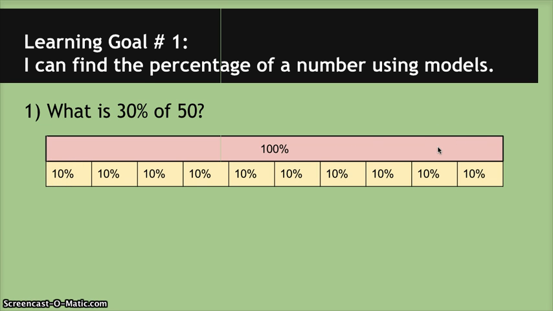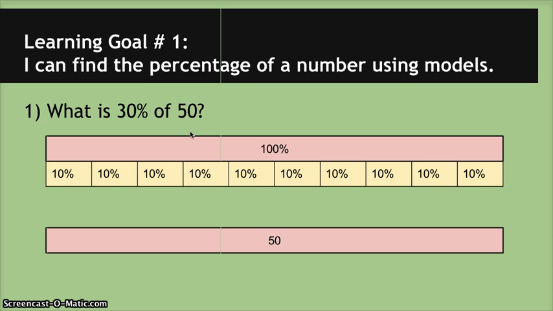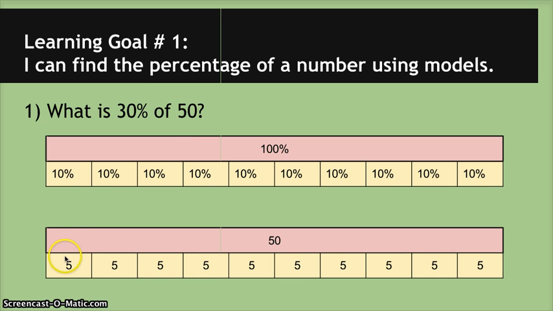So for our purposes, we want to figure out, can we divide this number 50 by 10? So we get 5. Here's our number 50. We divided it by 10 and got 5. So each 10% is equal to 5.